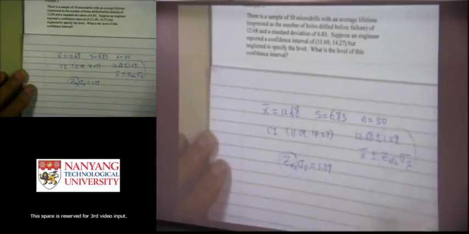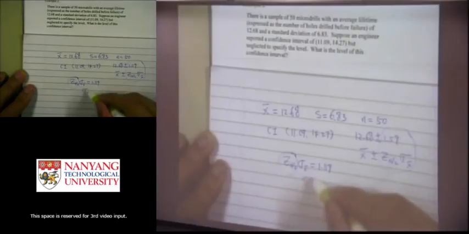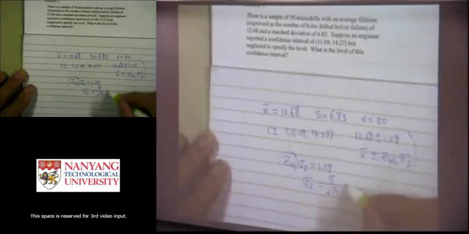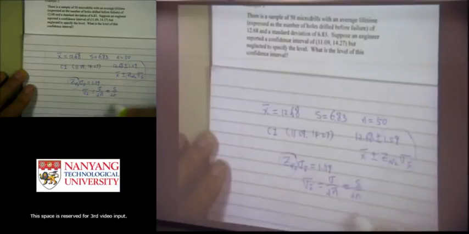right? So sigma x bar equals sigma divided by square root of n. We don't know the value of sigma, so we approximate it to s divided by square root of n. S is 6.83, n is 50, so we get the value of 0.9645.